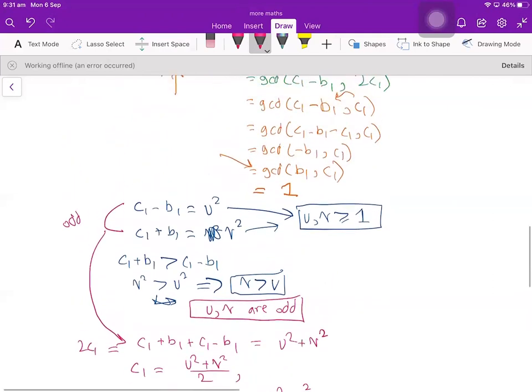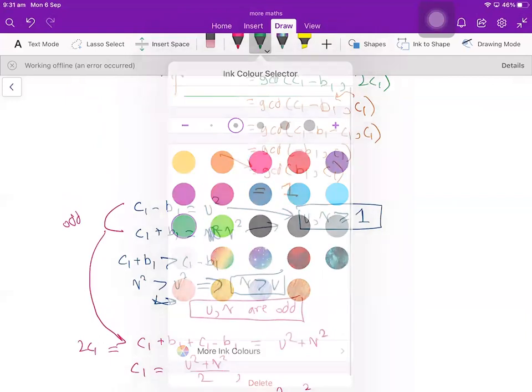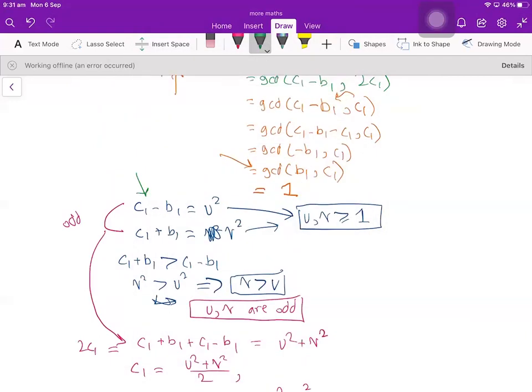Another thing is since these two numbers C1 minus B1 and C1 plus B1 are co-prime, it means the GCD of u squared and v squared must be 1. So u and v don't share any prime factors in common, so it's the same as saying the GCD of u and v is equal to 1.